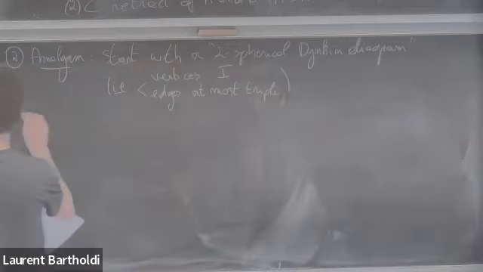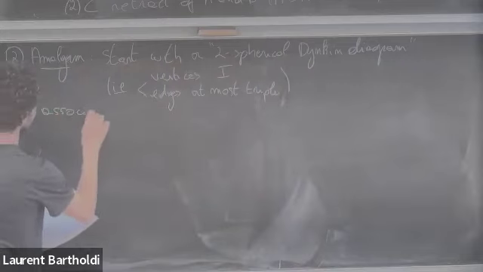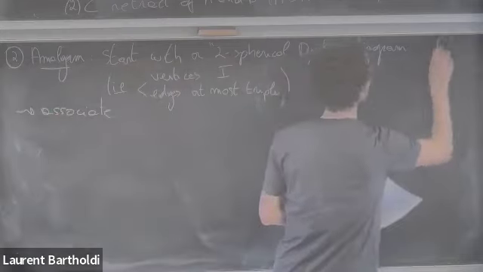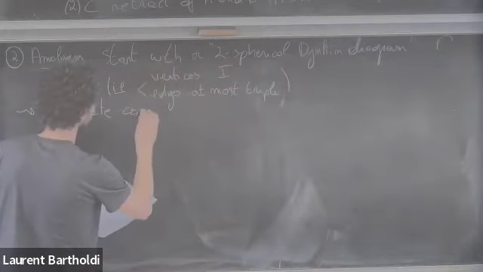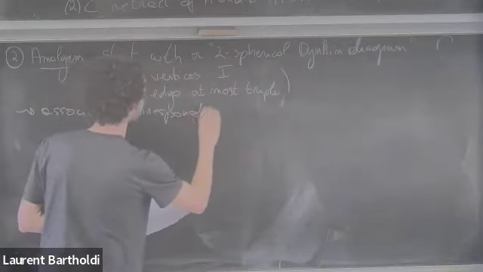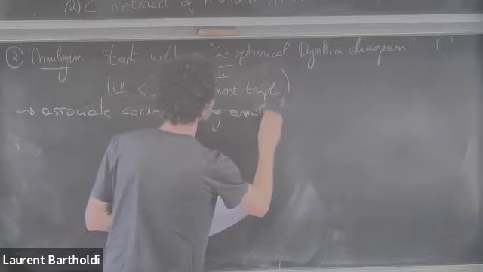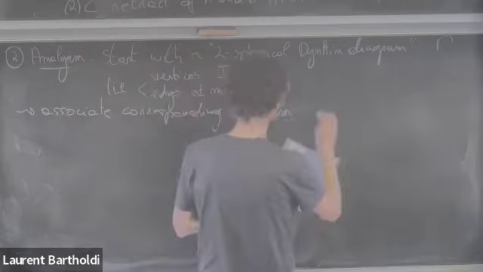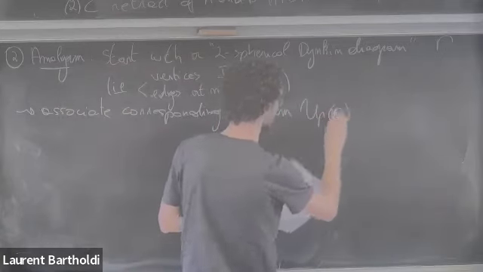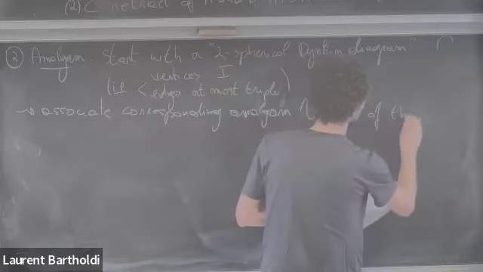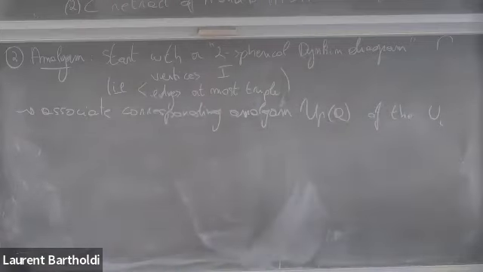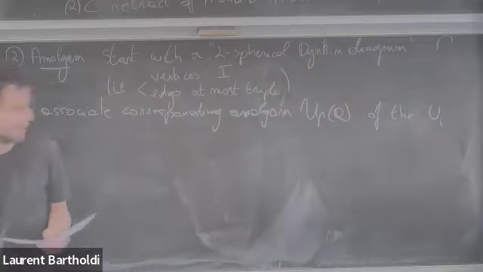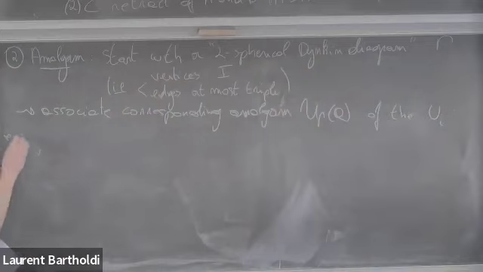And then to this setting, let's call this graph gamma, we associate the corresponding amalgam, which I will denote U_gamma(Q), of the subgroups U_i. So there is one for each element in my indexing set I. So these are copies of Q. And I will not define formally this amalgam, but I will just give you an example and you will understand how it works.